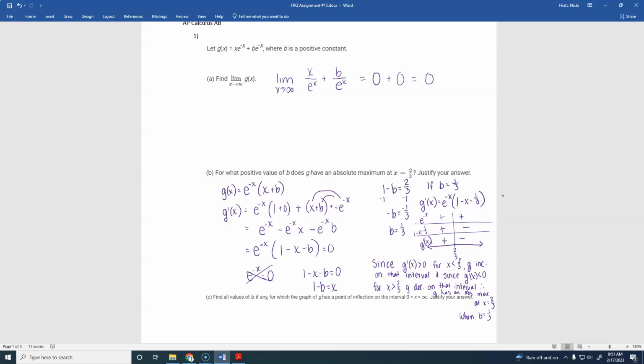So you would need to go a little bit further and say, since this is our only maximum or minimum point, it has to be the absolute. Because if there was a possibility for others, then it wouldn't necessarily be absolute for that. So in some fashion, you have to go a little further than just the switches from positive to negative, because that only guarantees a relative maximum or minimum.